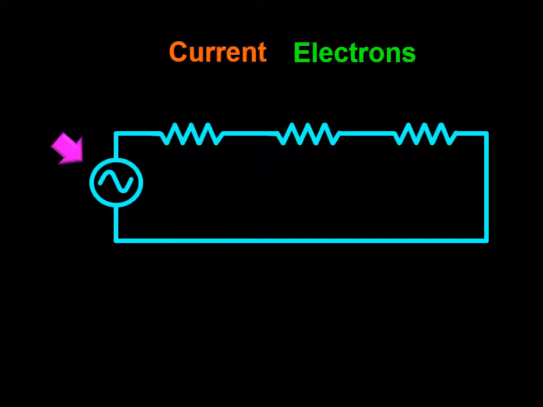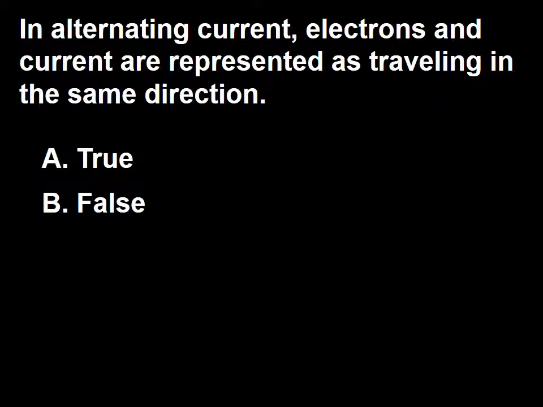When dealing with alternating current, current and electrons travel in the same direction, but they travel back and forth. So the answer to this question is A.